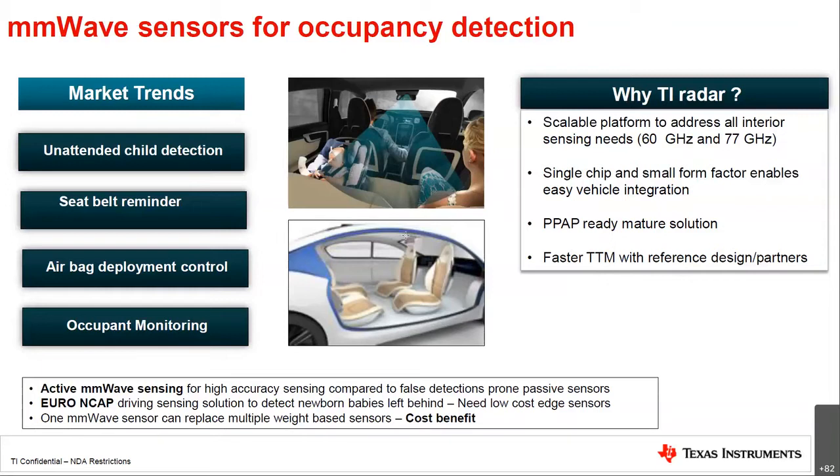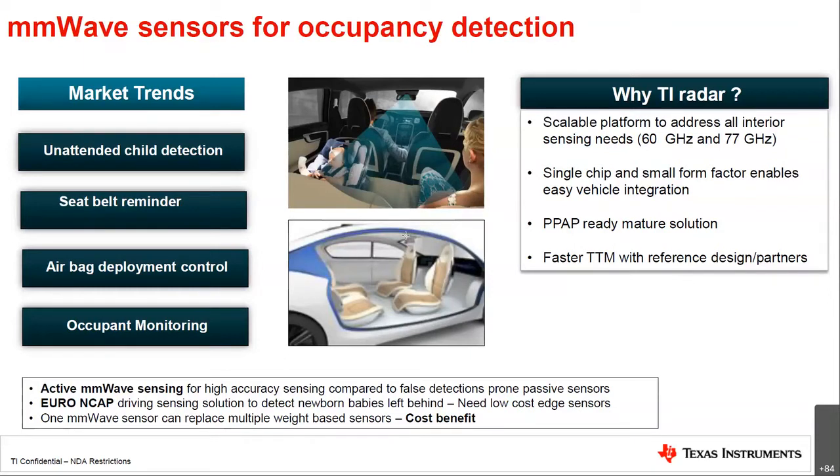This has a cost benefit as well as easier integration for frame manufacturers, as a single sensor now replaces multiple sensors that have to be embedded in the seats. For the same reason, seat occupancy detection can also be used for airbag control and other occupant monitoring functions, such as direction of airflow, for a smarter response within a vehicle.